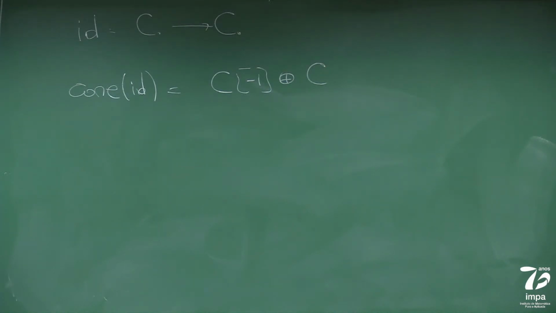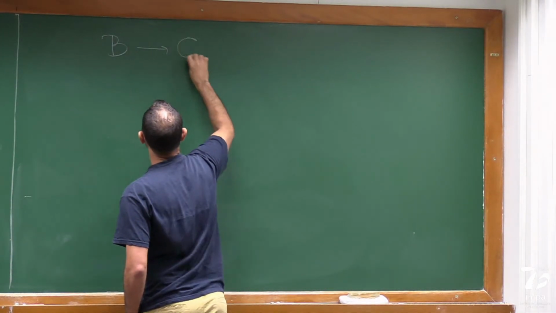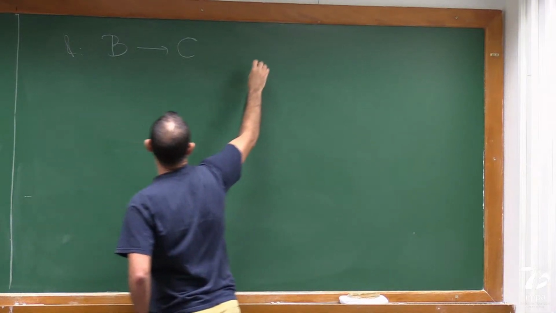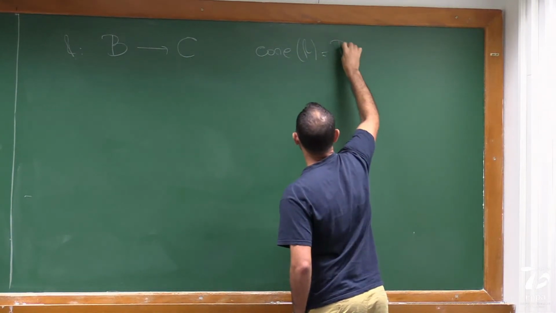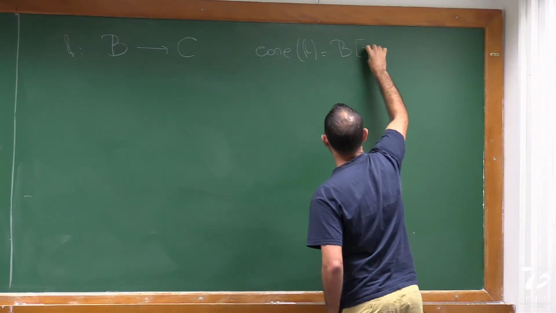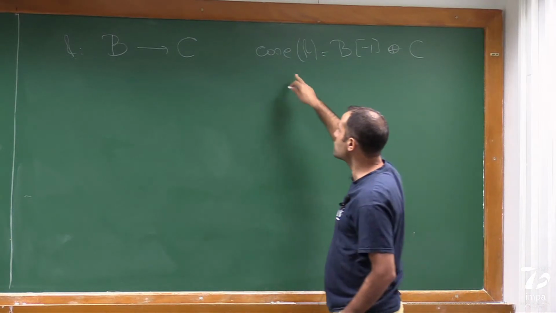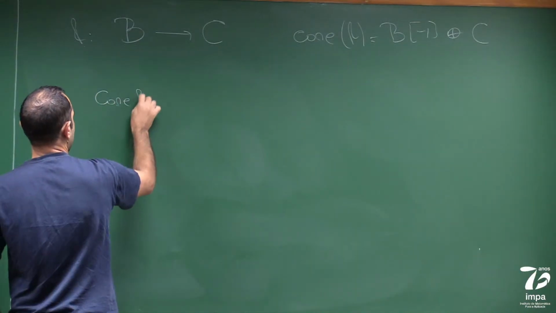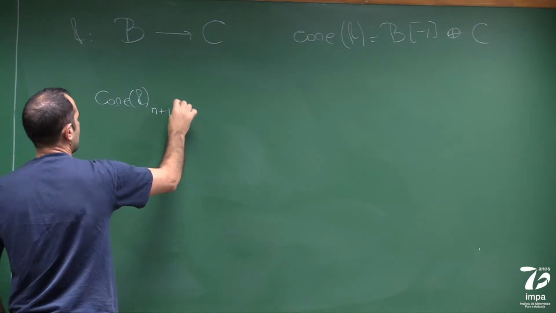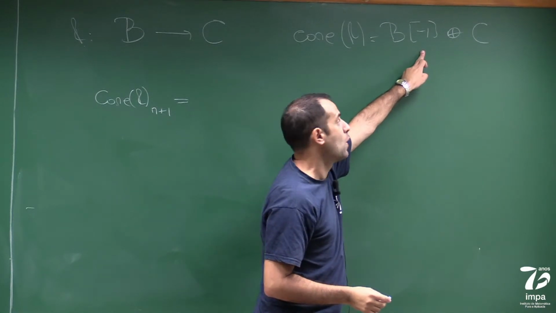Okay, so remember that we had some B to C, some F, and then we declared the cone of F to be this B shifted by -1 plus C. And the differential here, well, the cone of F n plus 1 is B shifted by -1 n plus 1.